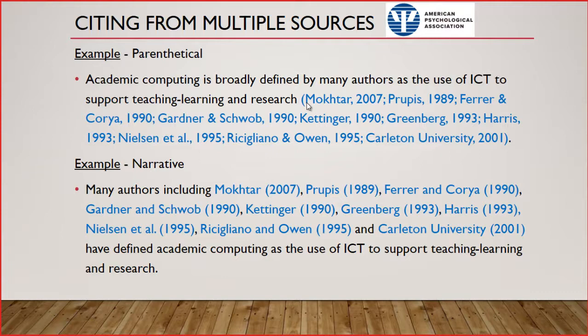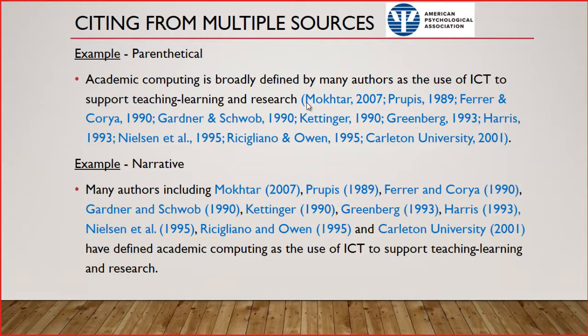How you cite is that at the end of the last sentence in the first paragraph, before the full stop, you put open bracket, Mohtar, 2007, close bracket, full stop.